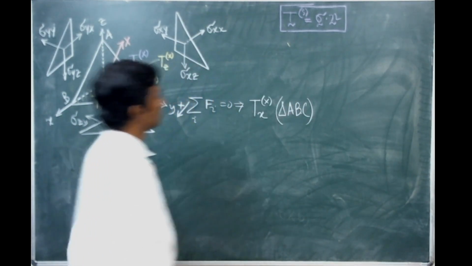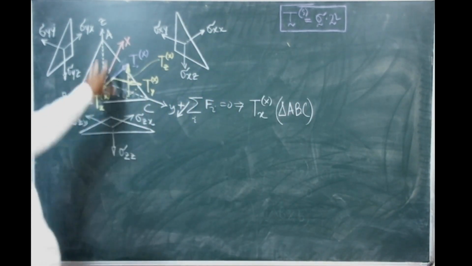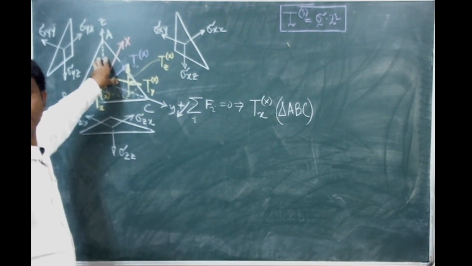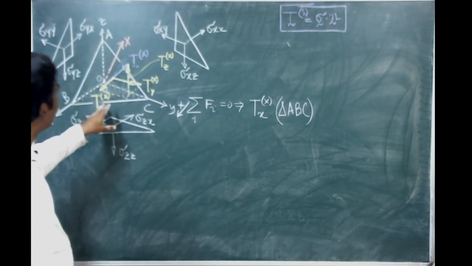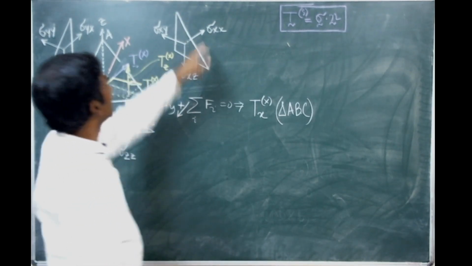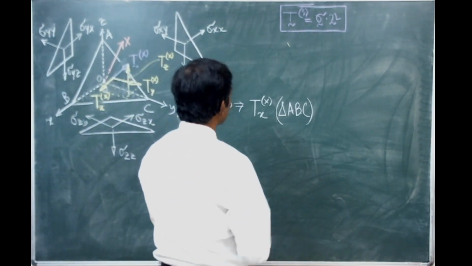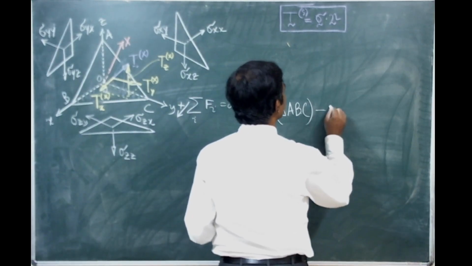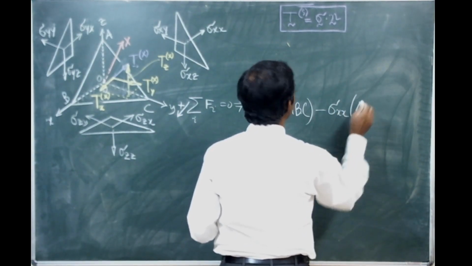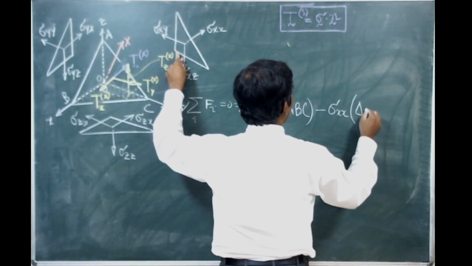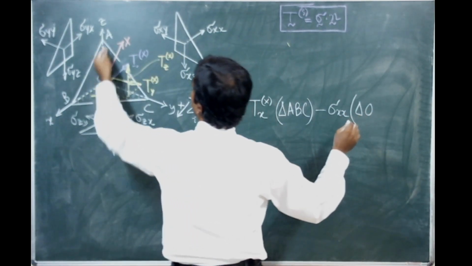So that is the force acting on the face ABC. Now we visit the negative x plane first. On the negative x plane, we see that sigma xx is acting, but the direction is opposite. Sigma xx times the area OAC.